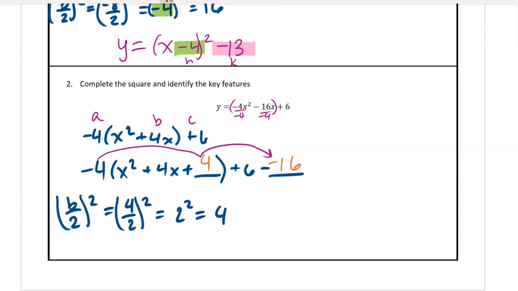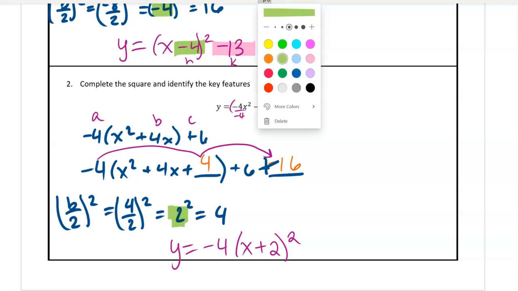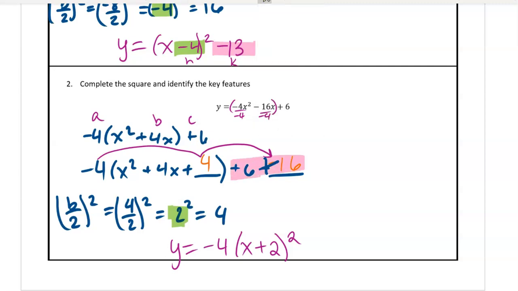Now, notice we have a double negative here. Minus negative means we're adding. So to write our equation, we're going to say y equals the a value, -4, x, the h is the base of the exponent. It's plus 2, so we say plus 2. The k value is outside.